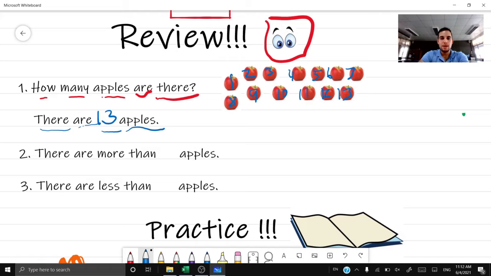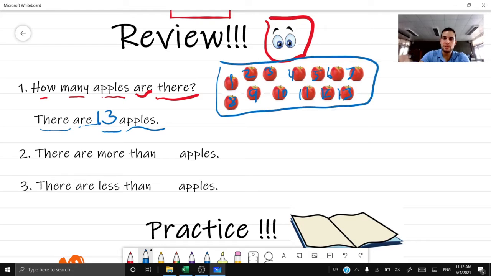So if there are more than 6 apples, and we have 13, the number is going to be less than 13 because we have 13.